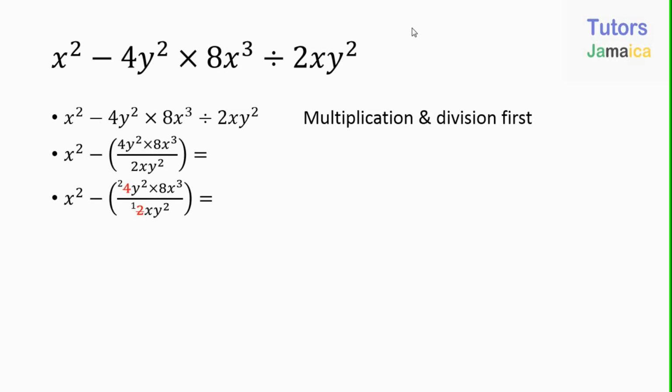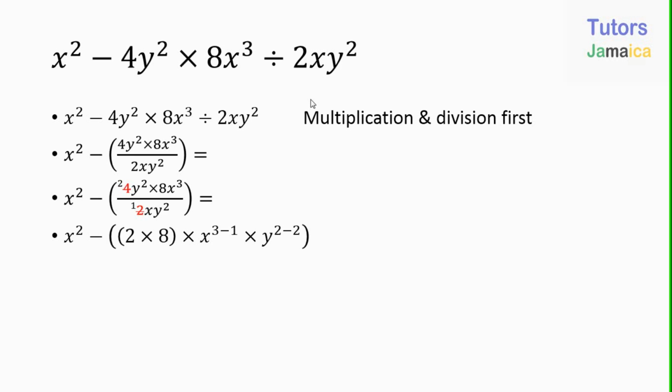So 2 into itself goes 1, and then 2 into 4 goes 2 times. So we end up with x squared minus 2 times 8, because those are the coefficients or the constants that appear at the top.